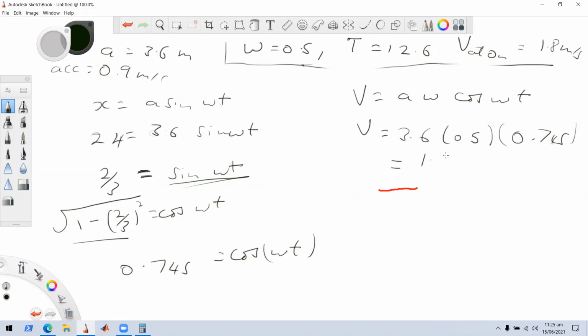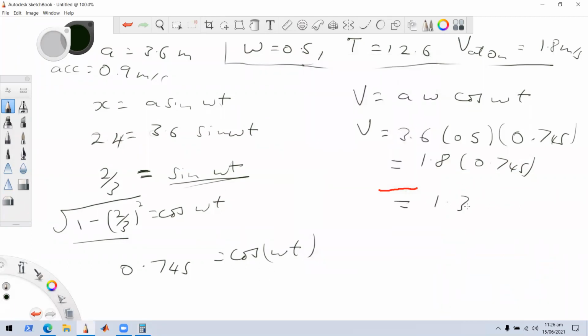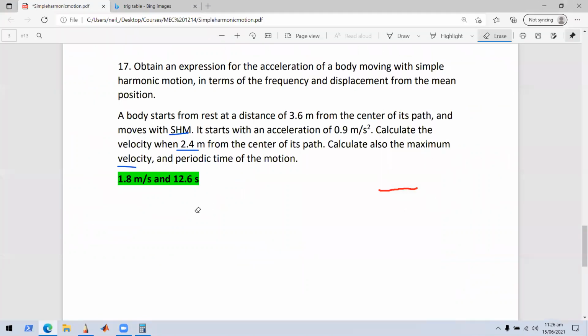So this is going to be 1.8 times 0.745, which is 1.341, which should be the answer I wrote.